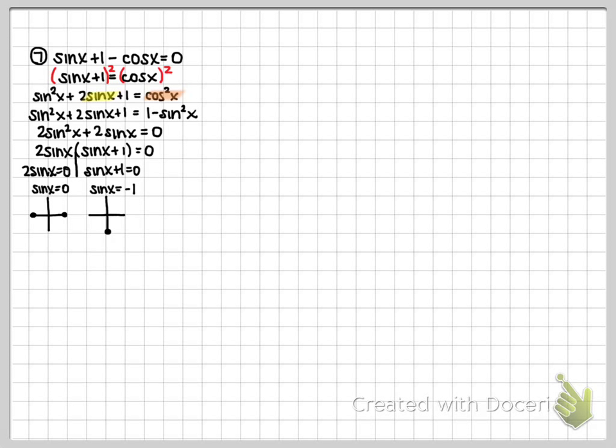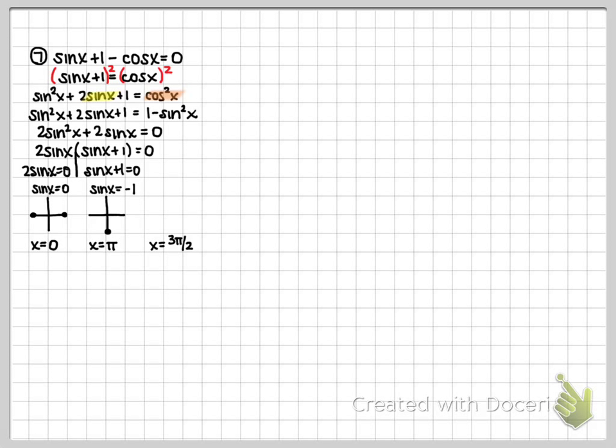So I believe, not positive, I believe that my x values are going to be equal to 0. My x value is going to be equal to pi, and then of course that whole distance as well. And my x value is going to be equal to 3 pi over 2.